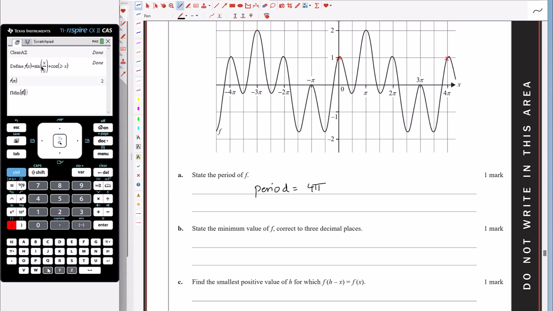Now, it's going to give me a general solution because there's going to be infinitely many places where there's a function minimum. So let's just do it within one period. So given that x is between 0 and 4 pi, then we won't get infinitely many solutions. Okay, so that's where the function minimum happens. So it looks like it's finding this.